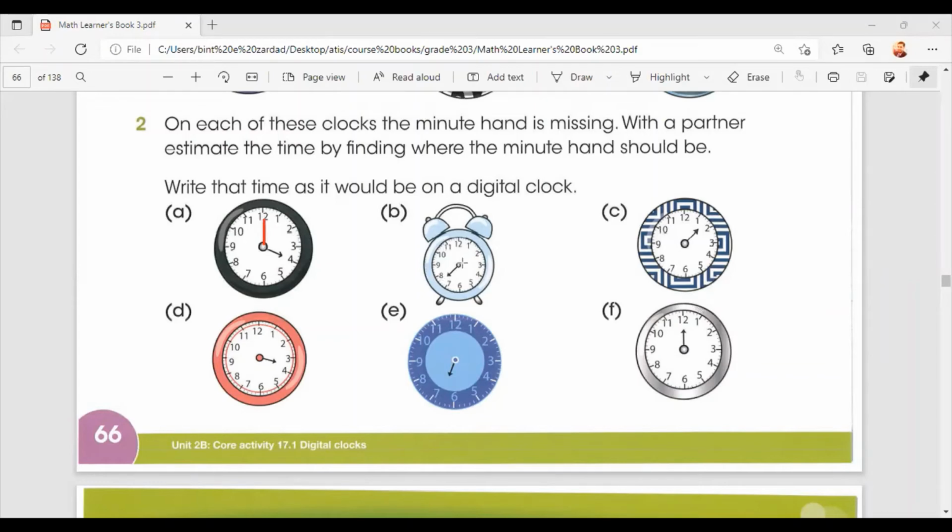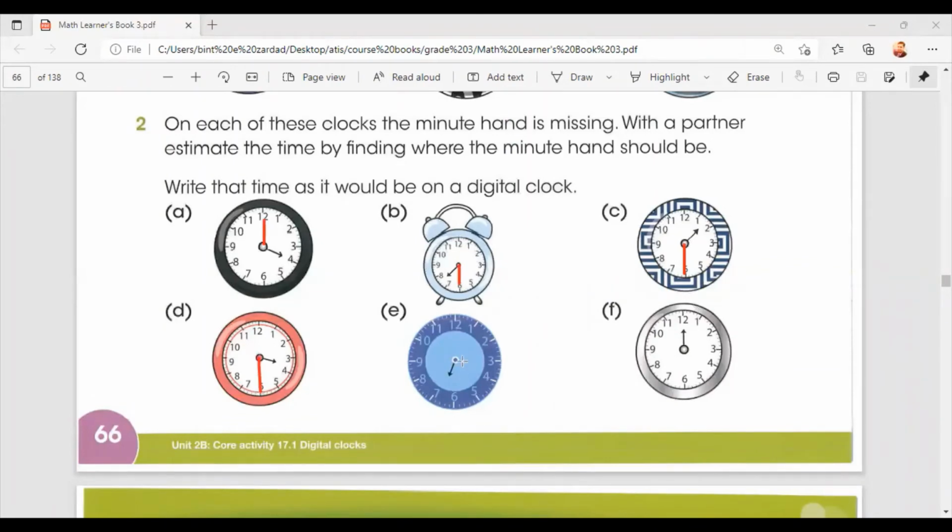It means this is, I think, 7:30. As you can see, the minute hand is bigger, 7:30. And this one is also in the center. You can say 1:30 or 1:15. 1:30.